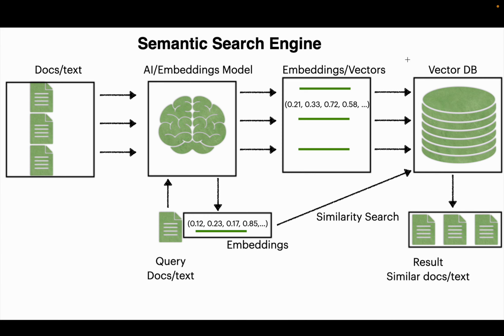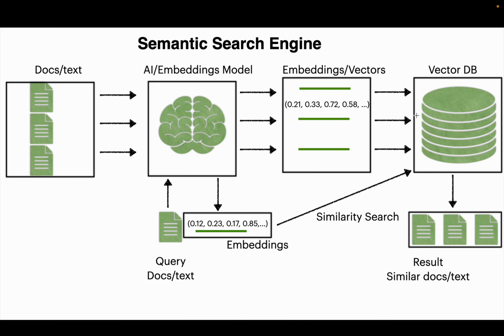And the more important one is that in a vector database, these vectors are indexed using some AI algorithms such that they are stored in a way that similar documents are grouped together. The similar documents sit near to each other.